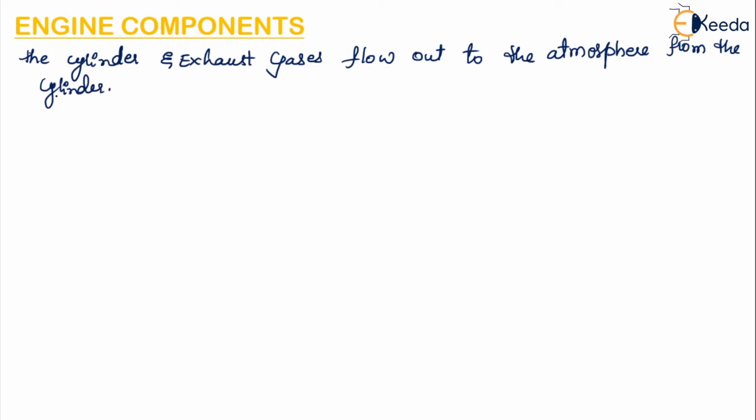So cylinder head is usually cast as one piece and it is bolted to the top of the cylinder. It is made up of cast iron.